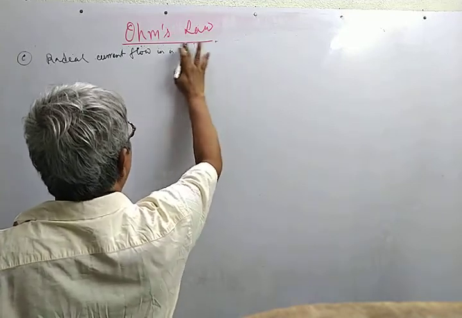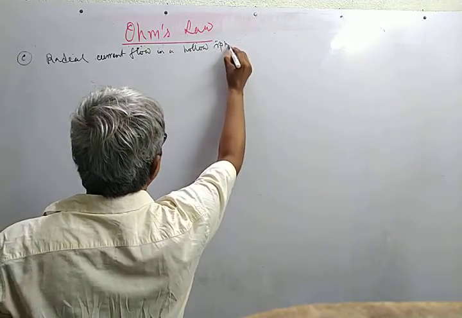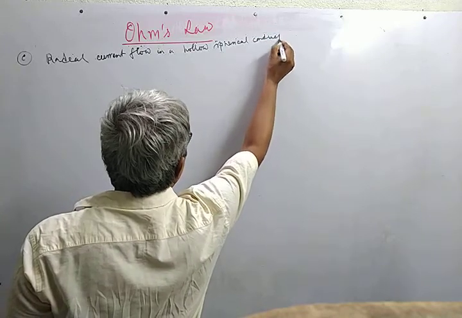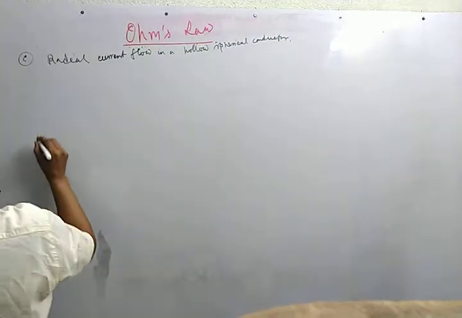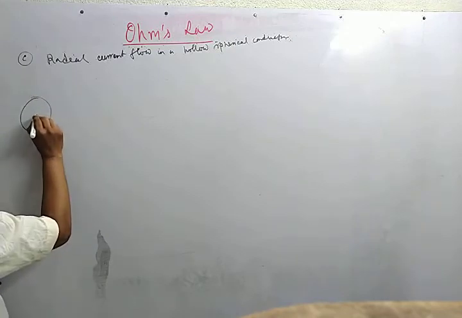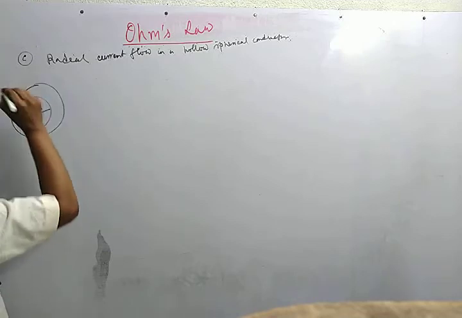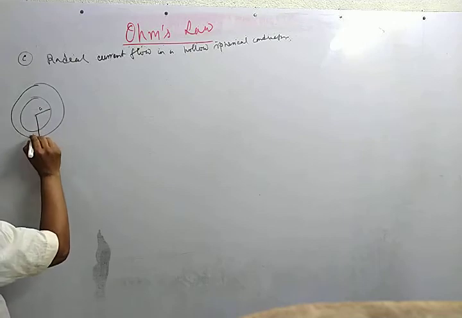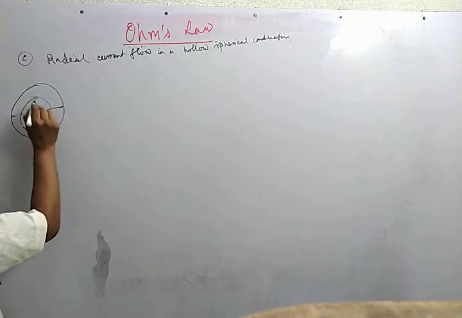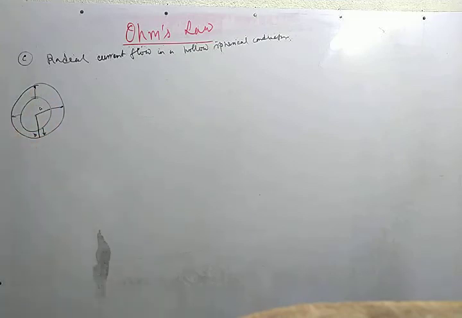So the conductor we consider is this. This is the conductor of inner radius a, and there is another conductor concentric to it of radius b, and the current flowing radially outward. So this is the radial current flow direction.